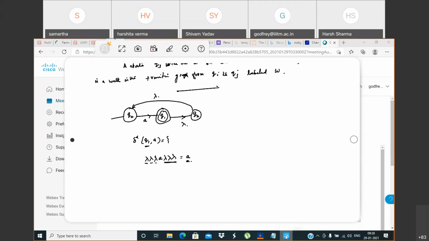If you assume this string as A followed by many lambdas, then from Q1 on reading input symbol A, I go to Q1 itself, and since there are lambdas following A, I will still be able to go to Q2 and also Q0. So I can write this as Q1, Q2, Q0. Are you able to follow this?